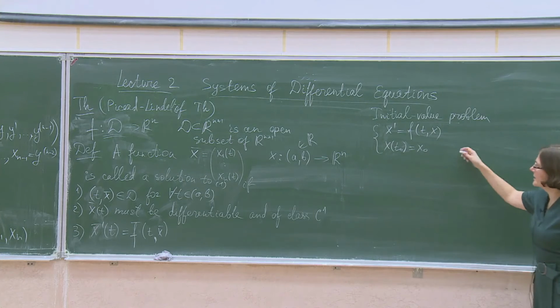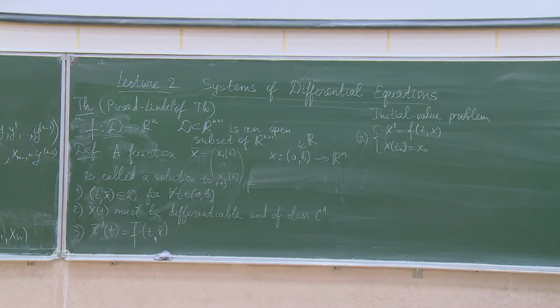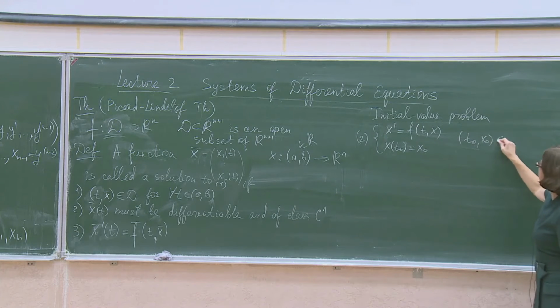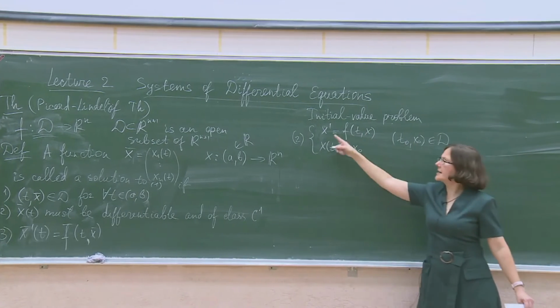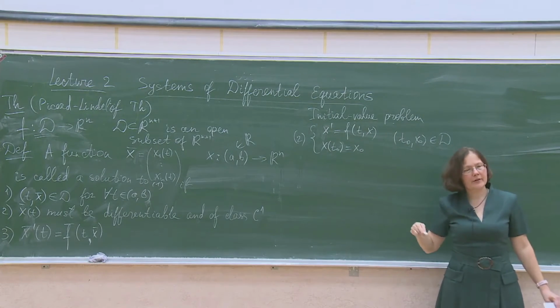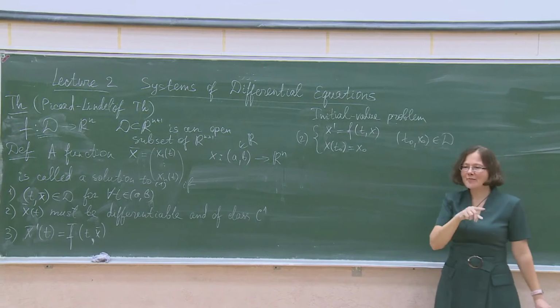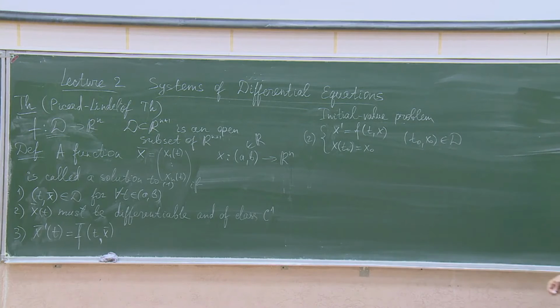It looks like this. So it's system number 2. Here (t0, x0) must be in D. By x0 I mean the vector.